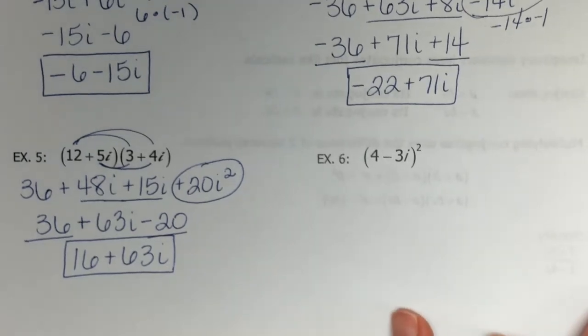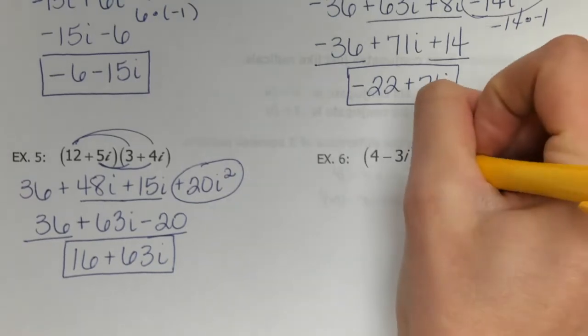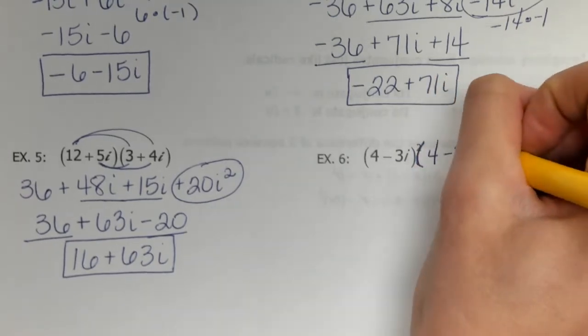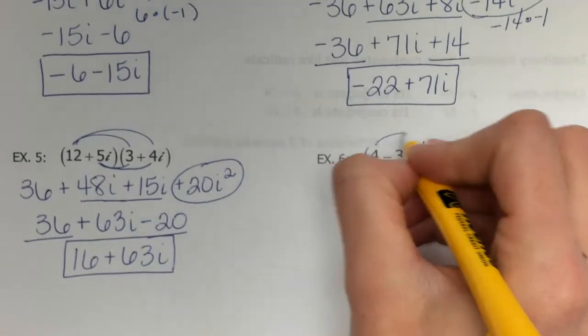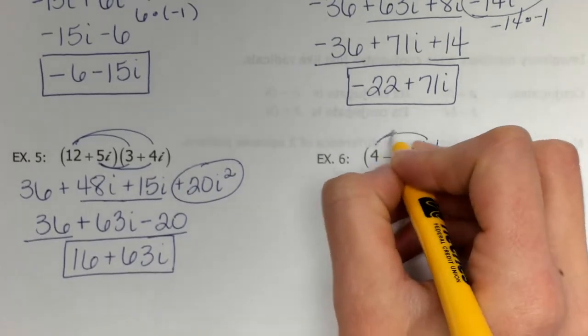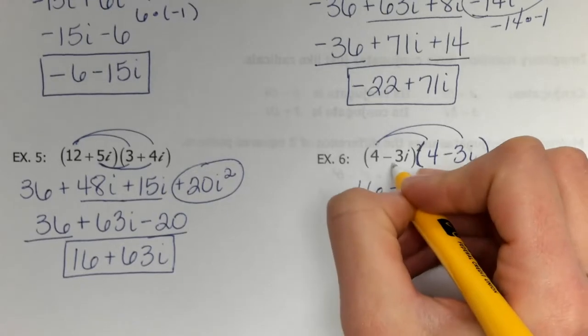Okay. Now when I do 4 minus 3i and all of that squared, what am I doing there? You're just multiplying it by itself. So squared is anything times itself. So I'm just going to write 4 minus 3i again. And I'm going to FOIL that. So 4 times 4, 16. 4 times negative 3i, negative 12i. And then I do it again.